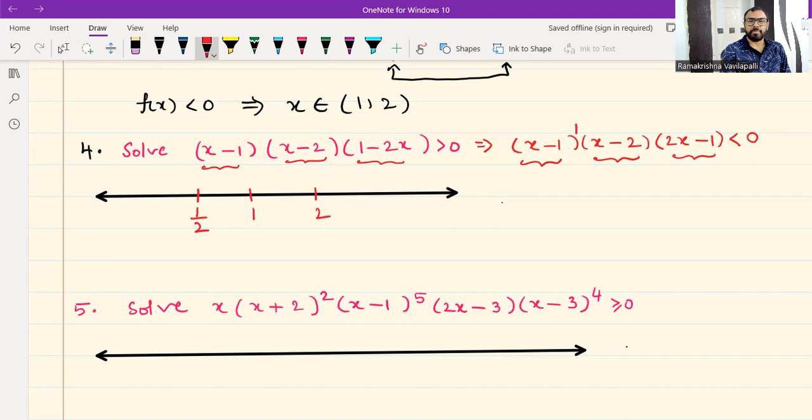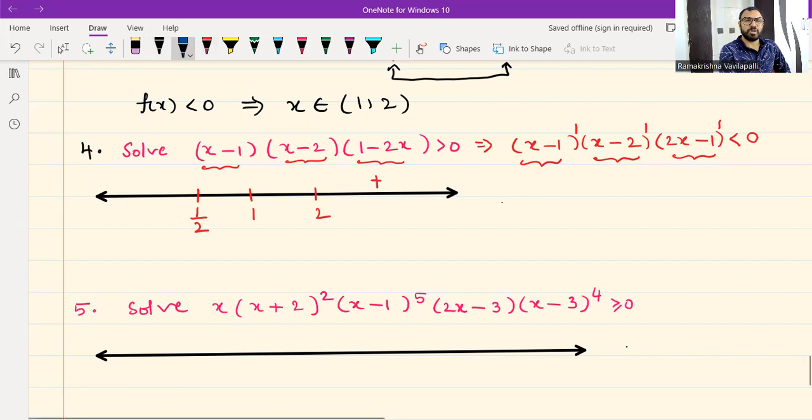Now observe the power of each linear factor is odd. Whether I give power 1 or power 3 or power 5 or power 7, any odd power is given, the solution is same. So now here keep always positive sign.